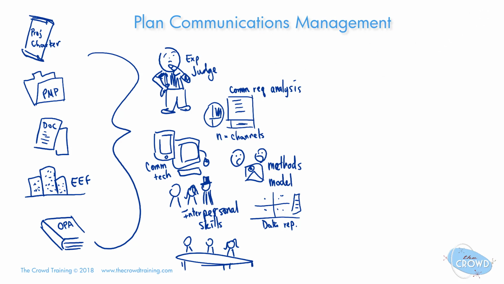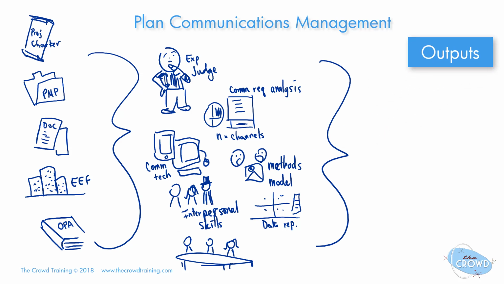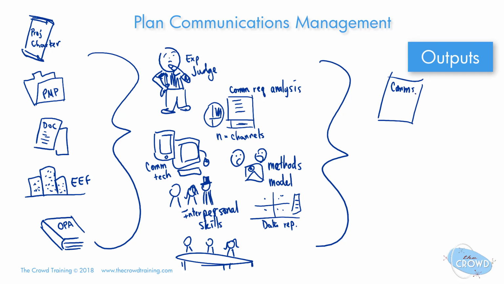All of these tools and techniques fit into our outputs. The obvious one, if the whole process is about plan communications management, then obviously we should have a communications plan. So a communications management plan, which then will feed into our project management plan.